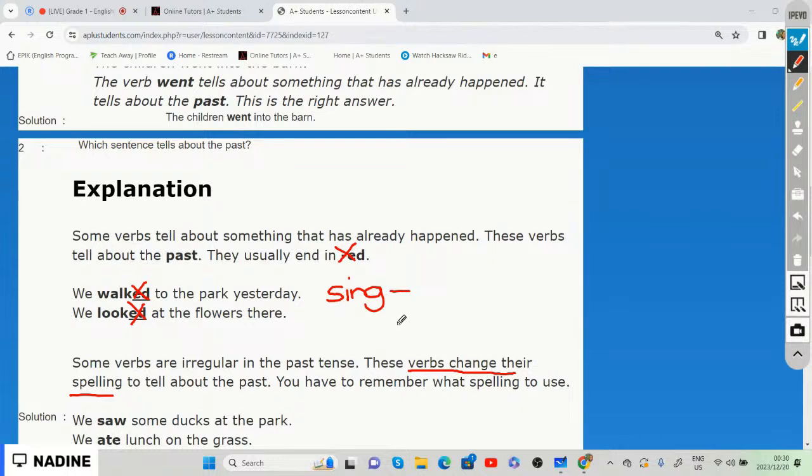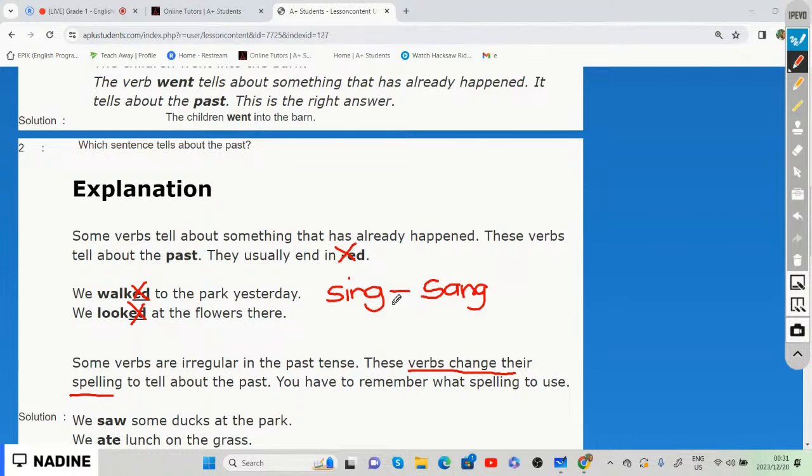So the past tense of sing. If we identify the past tense of sing, then we can say sang. So sang is our past tense verb.